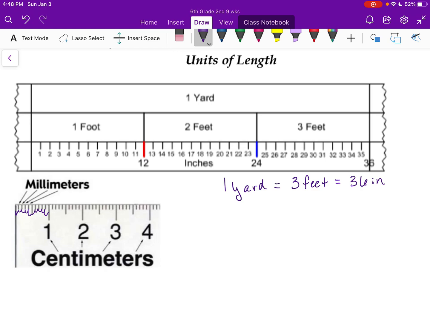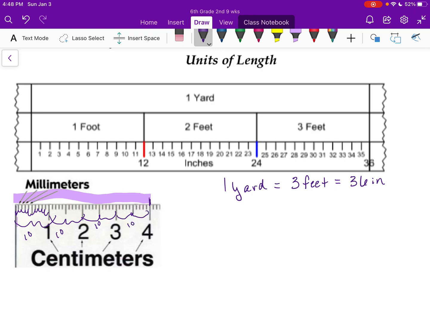So if we drew a line that was 4 centimeters, how many millimeters is that? Well, it's 10 in each one. So this centimeter has 10, this one has 10, this one has 10, and this one has 10.